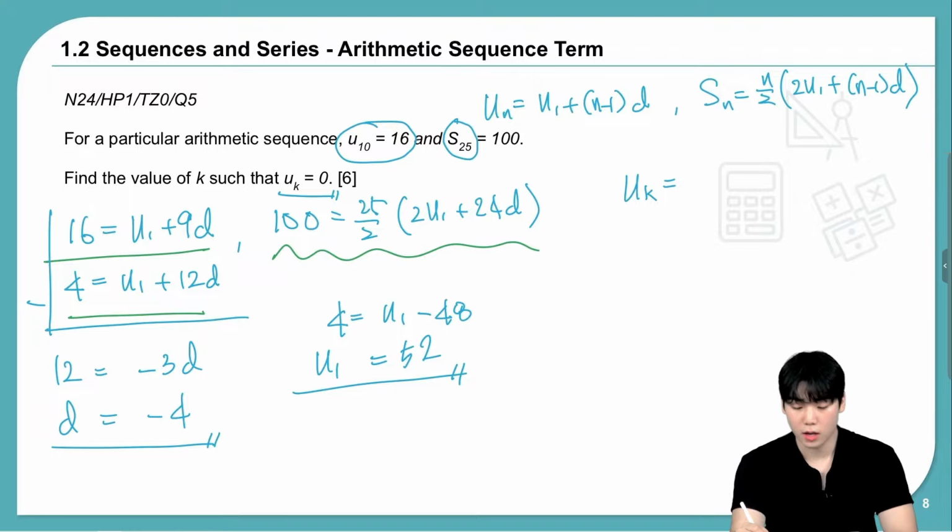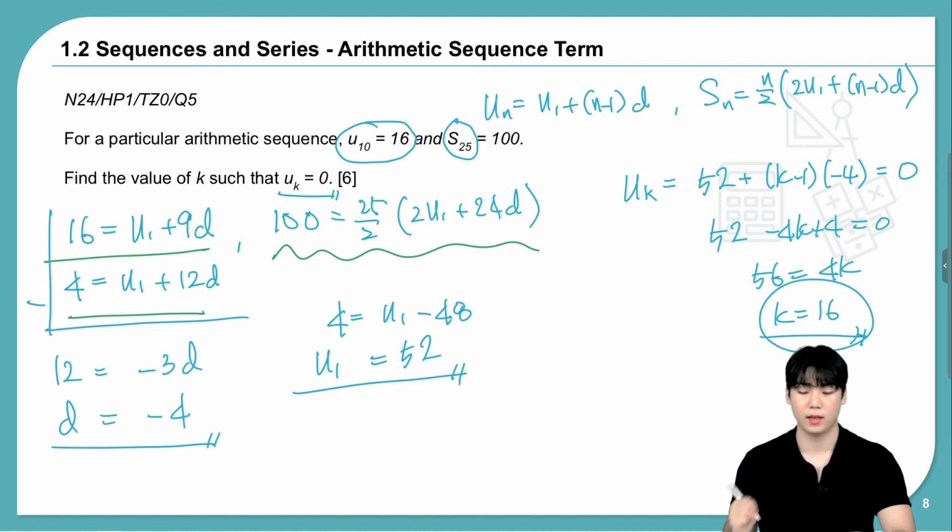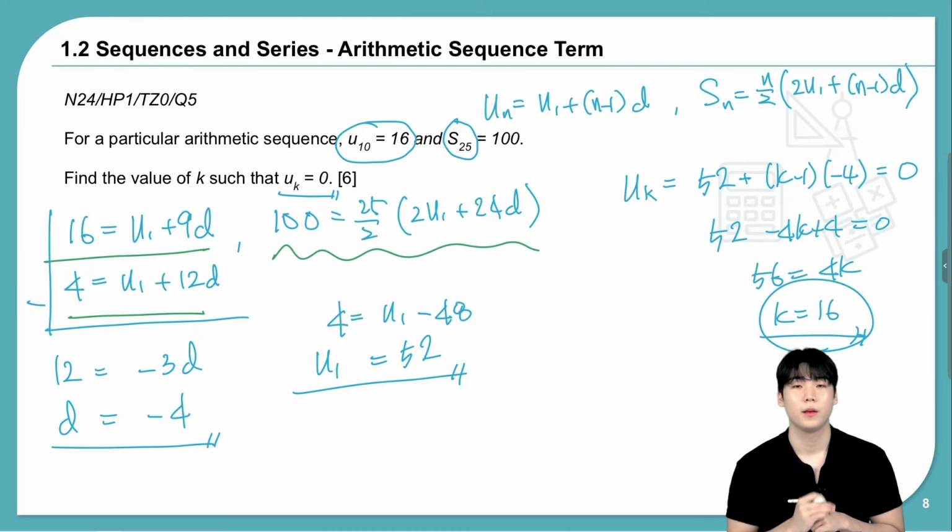UK is nothing but 52 plus K minus 1 multiplied by negative 4. And we are told that this is equal to 0. So that means 52 minus 4K plus 4 is equal to 0. 56 is equal to 4K, and K is 14. And that is it. Okay?